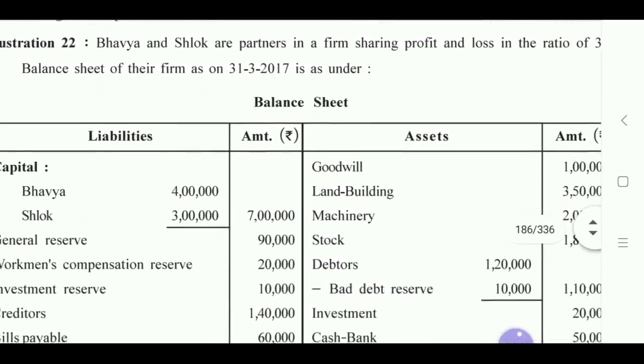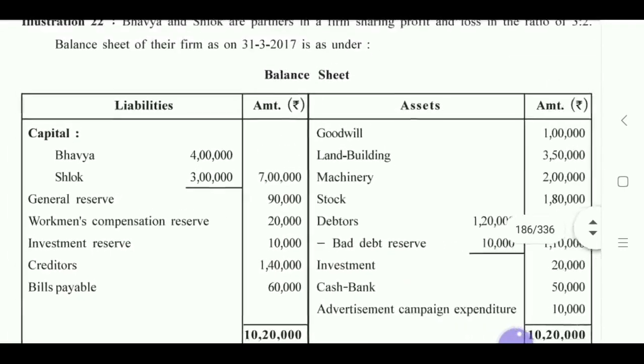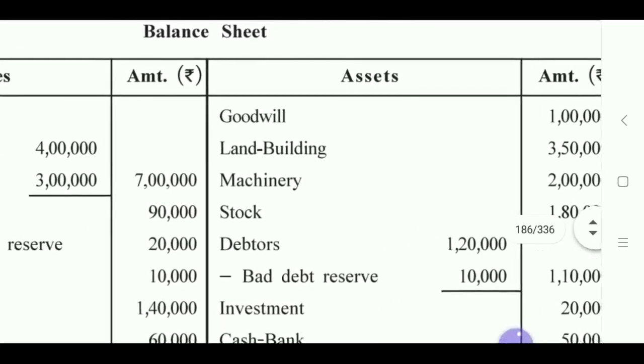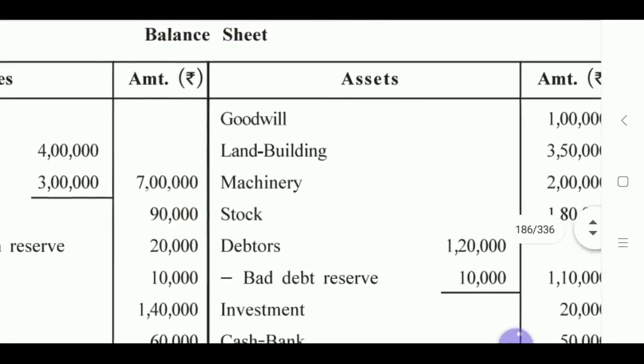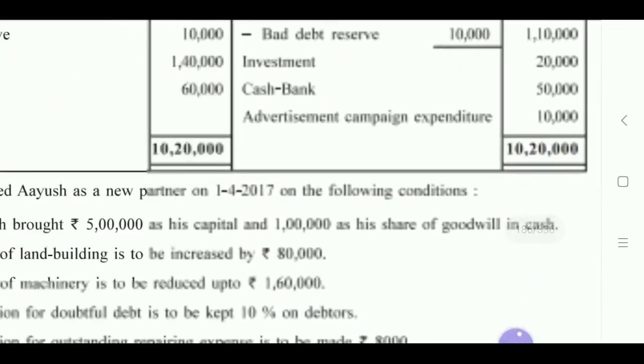So whatever concepts we understood in the last video, regarding reserves and surplus and the old value of goodwill, you can see it is mentioned in the balance sheet, and there is an adjustment of goodwill here.